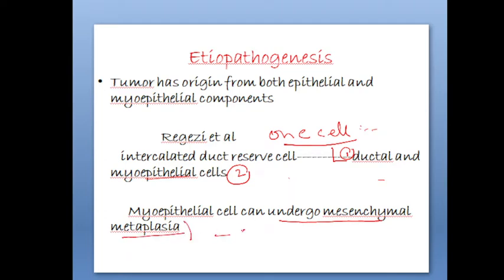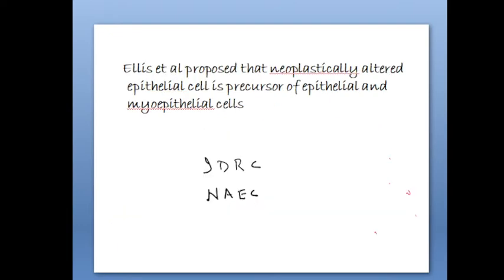So, the formation of stroma is due to mesenchymal cells. Ellis et al. proposed that neoplastically altered epithelial cell is precursor of epithelial and myoepithelial cells. So we have to remember intercalated duct reserve cell and neoplastically altered epithelial cell. They are important in etiopathogenesis of pleomorphic adenoma, IDRC cell and NAEC cell.